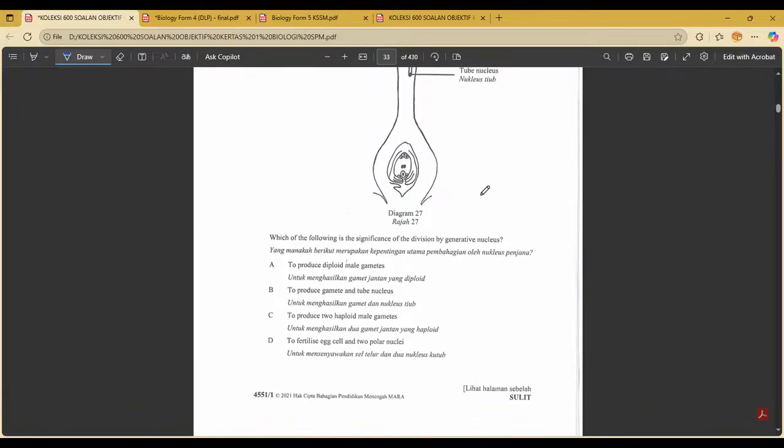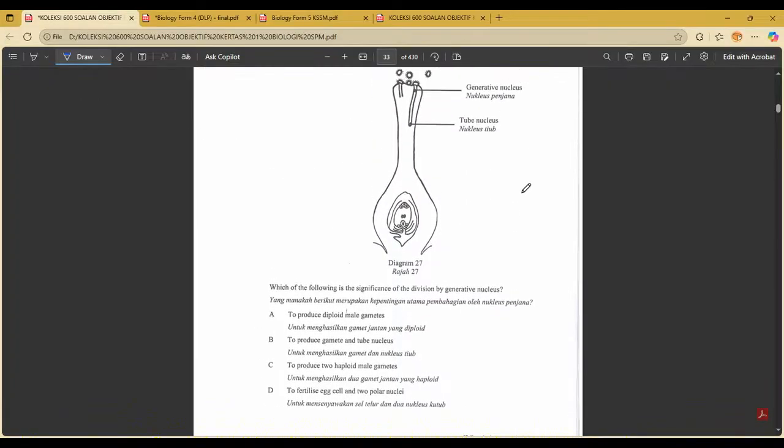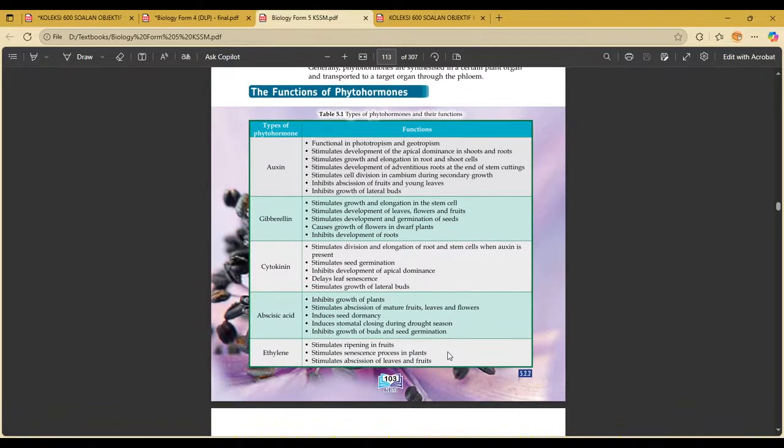Which of the following is the significance of division by the generative nucleus? I don't know. We assume it's to produce two haploid male gametes because it just does, I guess.